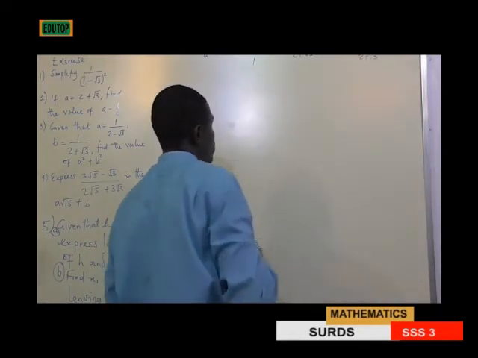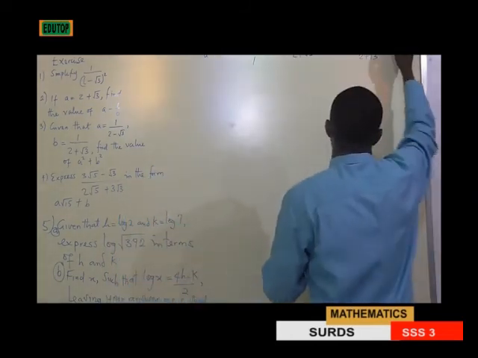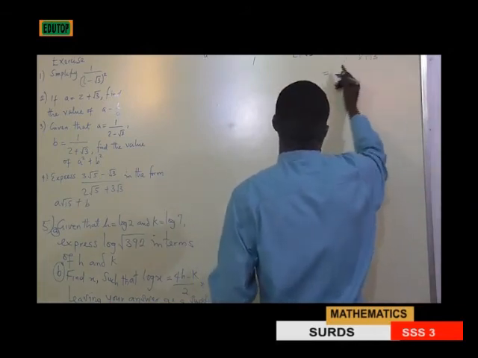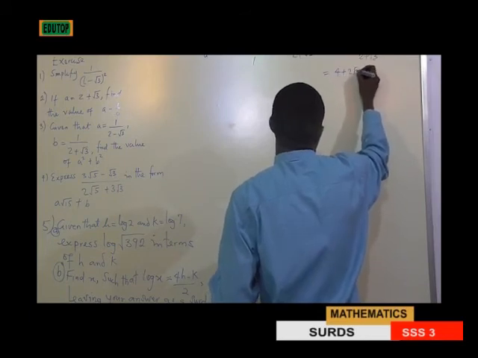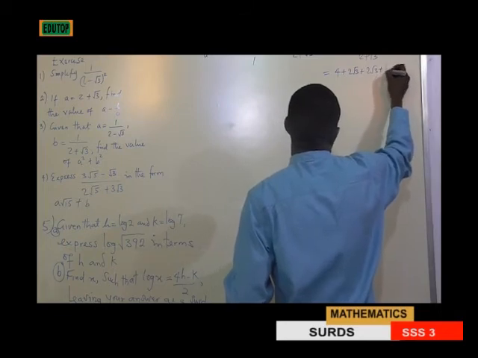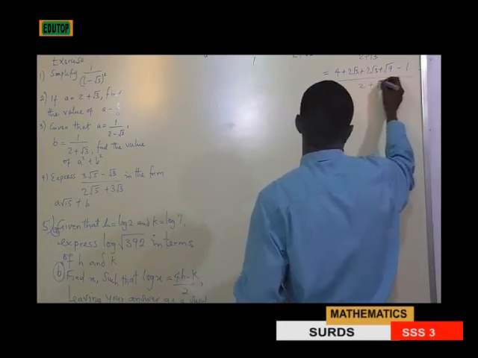Then the second scenario, you have this and in this 1. 1 times this, that's minus 1. So automatically we expand this. This times this 4. This times this plus 2 root 3. This times this plus 2 root 3. This times this plus root 9, minus 1 over 2 plus root 3.